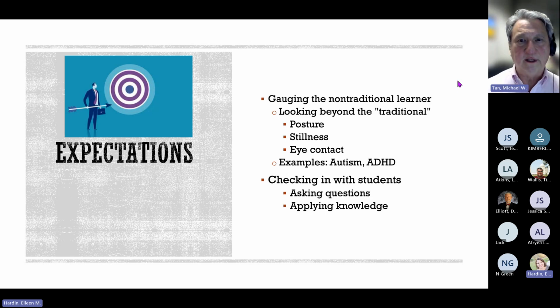And the takeaway for you is they don't have to sit up straight. They can fidget. They might be doodling, but just check in with them. What I did with one student was simply ask him a question about what I just talked about. And he gave me a perfect answer, which meant that even though I thought he was completely disengaged, he was there completely. Next slide.